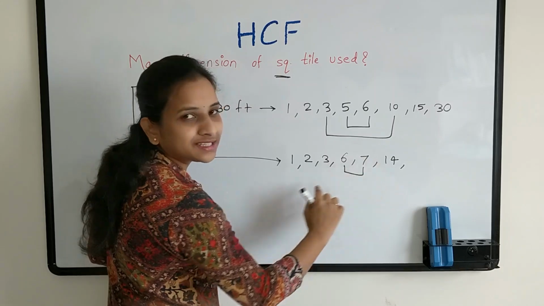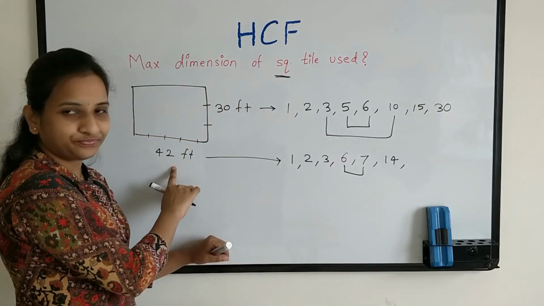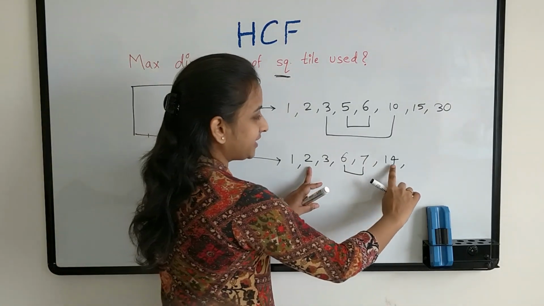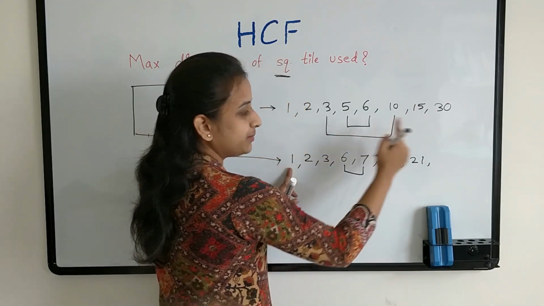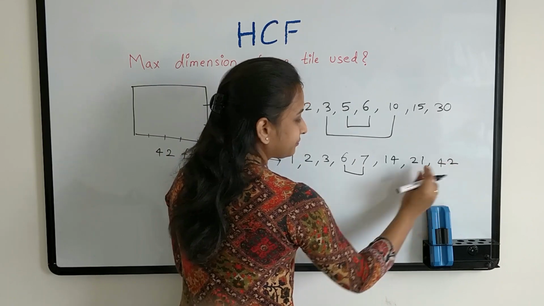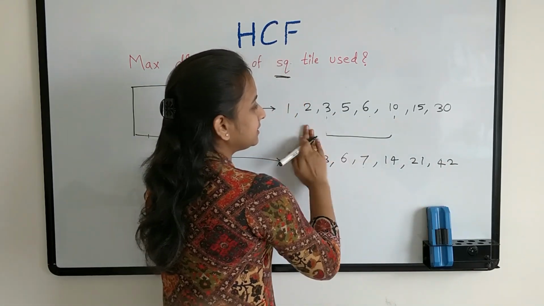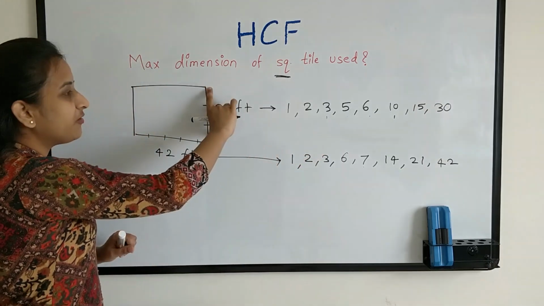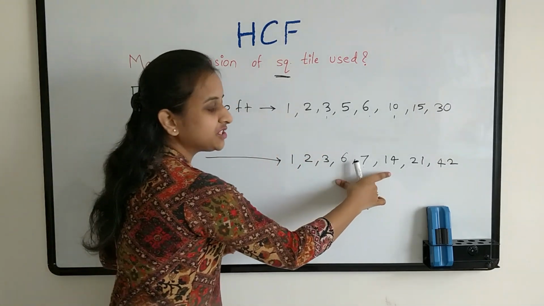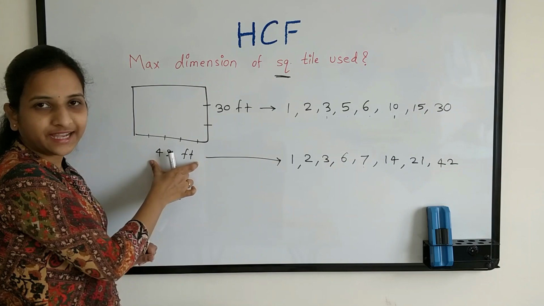The in-between numbers are not factors of 42. Now, the next factor will be 2 into 21. The next will be 1 into 42. So, these dimensions of tiles will go for this side and these dimensions of tiles will go for this side.